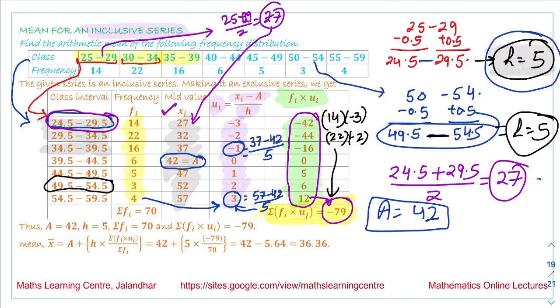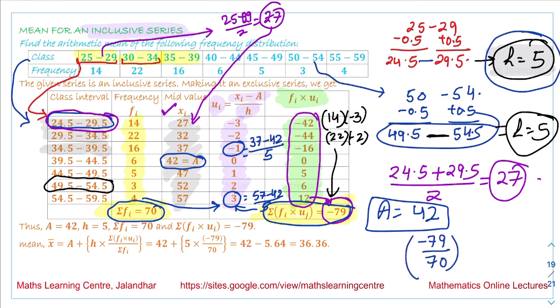The value of sigma fi ui is minus 79, and the value of sigma fi, the sum of the frequencies, is 70. So the answer we obtain is minus 79 by 70.